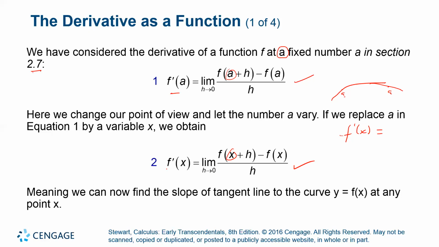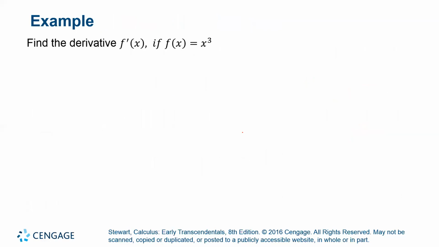So you have the slope of the curve, which is the derivative of the curve function. So f prime equals the limit as h goes to 0 of this expression. We're going to apply this to a problem here, using that definition. Let me change my pen color.